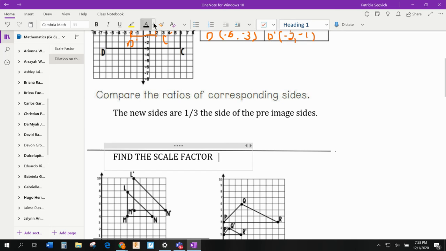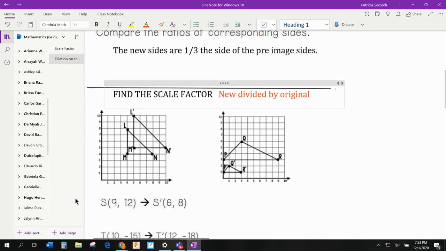So let's do this: new divided by original. Let's take M here. Our new M is the one with the prime. So M prime is 5, and our original M was 4.